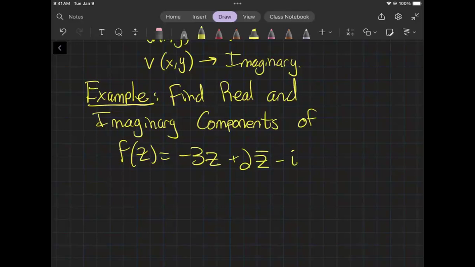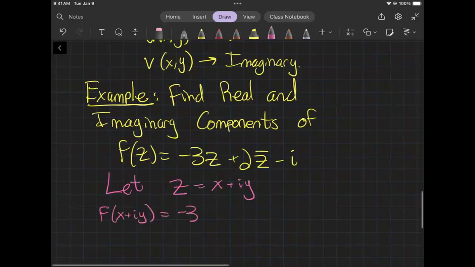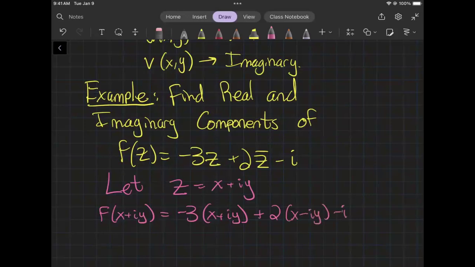All right, so I assume you worked out this example here. So if I let z equal x plus iy, then f of x plus iy is equal to minus 3 times x plus iy plus 2 times z conjugate, x minus iy, minus i.